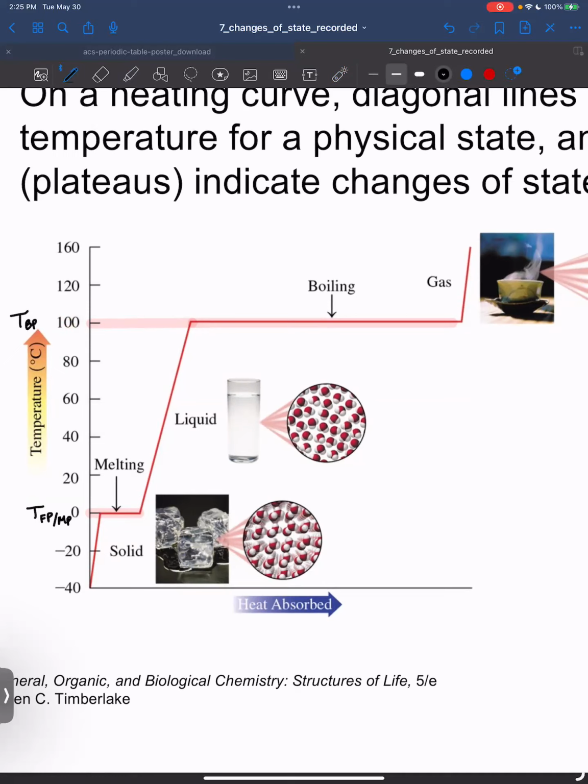We tend to refer to it usually as the boiling point, but understand that both vaporization and condensation are reversible processes that occur at this plateau, from a liquid to a gas or a gas to a liquid. Another observation you can make is that heating curves are all going up, so it's more of a positive slope. And when we look at cooling curves, it'll be more of a negative slope.